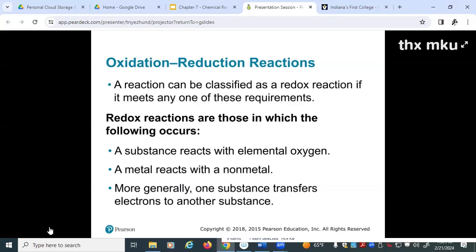But again, ways to look at it. Can I see that charges are moving? Can I see that the charges that I start with are not the charges that I'm ending with? That's a real key factor. That's ultimately going to help us figure out whether or not we've got redox going on.